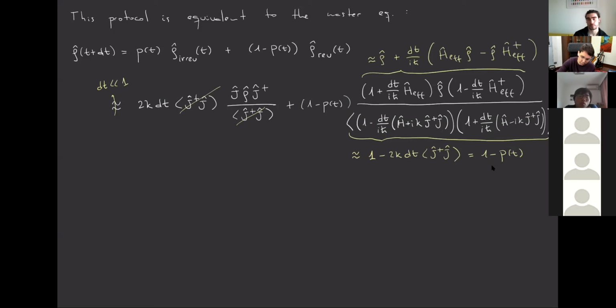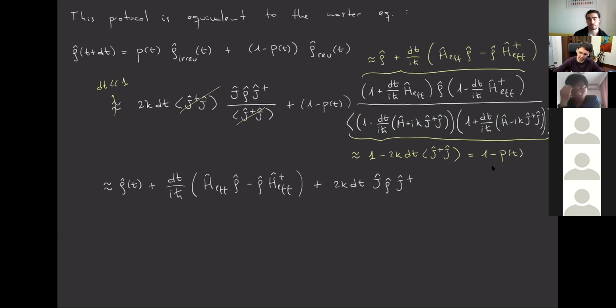Okay? So in total, at the end, we have something like this: rho of t that comes from here, then the Hamiltonian part, and then we have the first part, which is 2 kappa dt j rho j dagger.